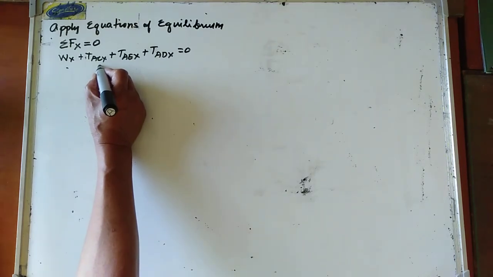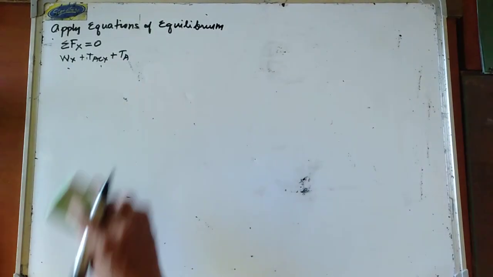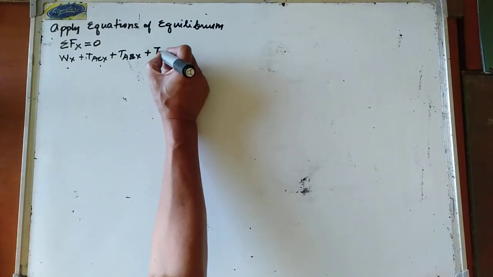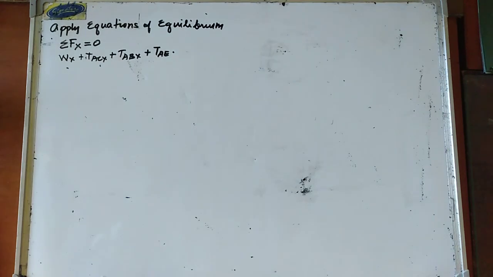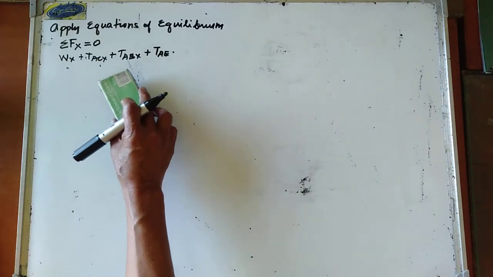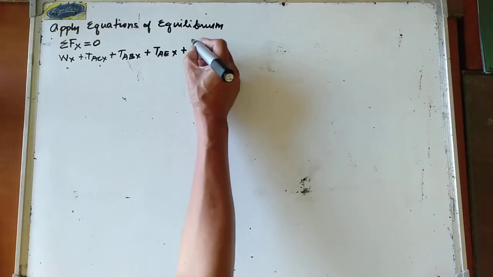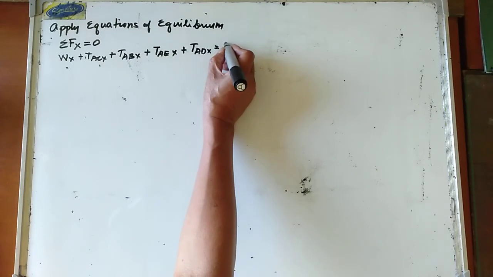And then we have TABX, TAEX, and then plus TADX equal to 0.